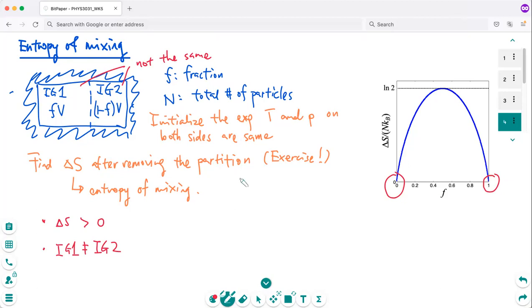So this is a thought exercise for you. I will put this equal sign here, because here it can really be 0. So delta S is 0 at f equals 0 and f equals 1. Otherwise, it's always positive.